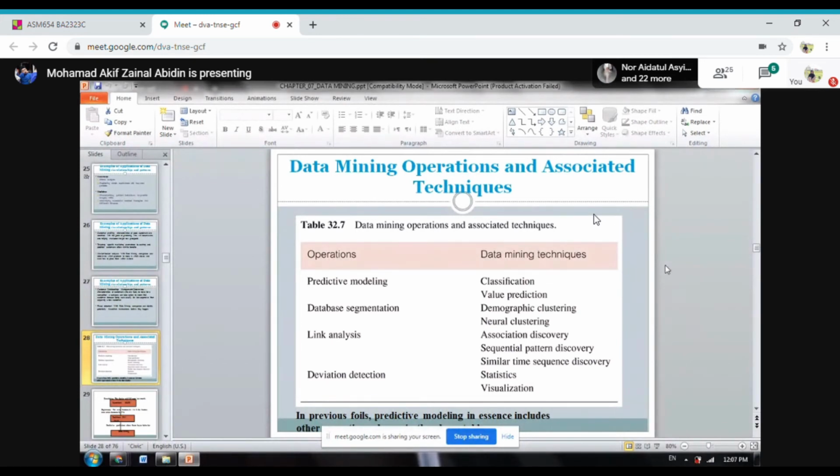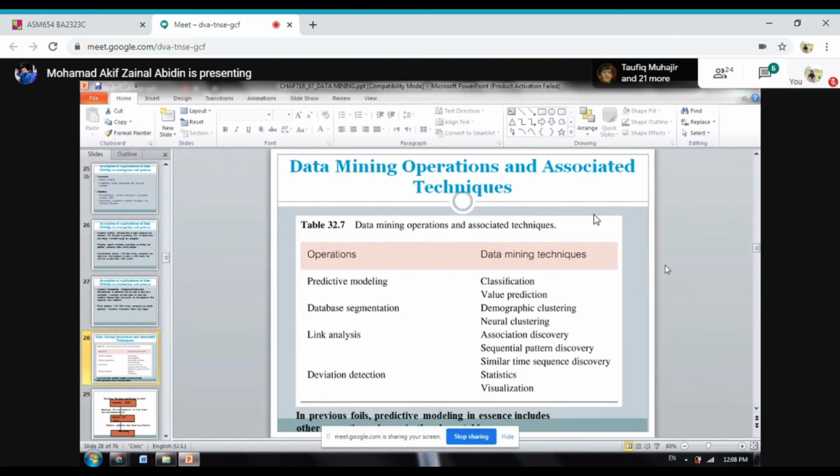B2, the question will ask you to identify the most suitable operations based on your answer in B1. Okay, it is related to the answer above. Identify the suitable operations based on your answer in B1. So earlier our answer was data mining. So for data mining operation, the answer may be only 4, right.